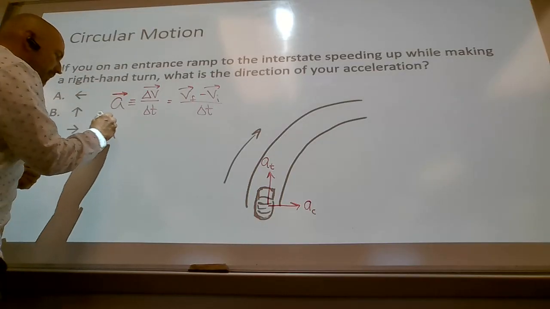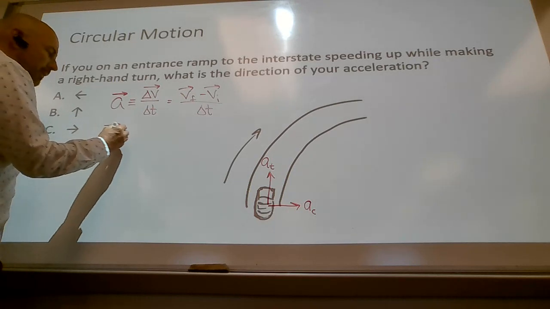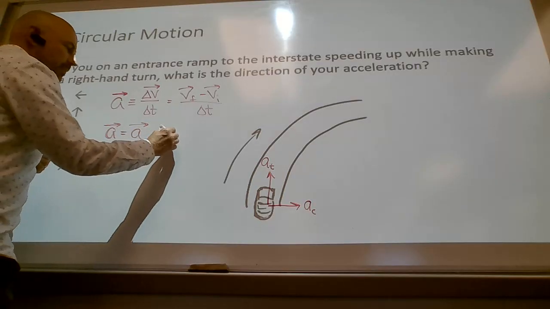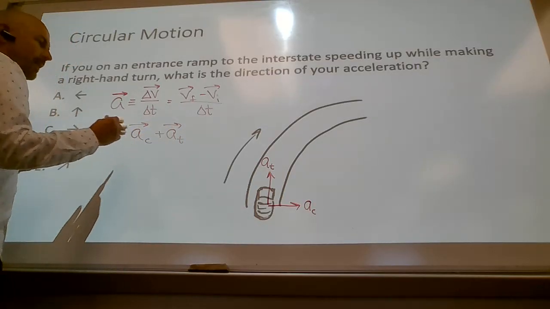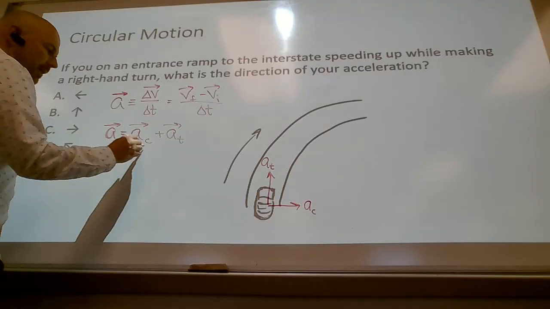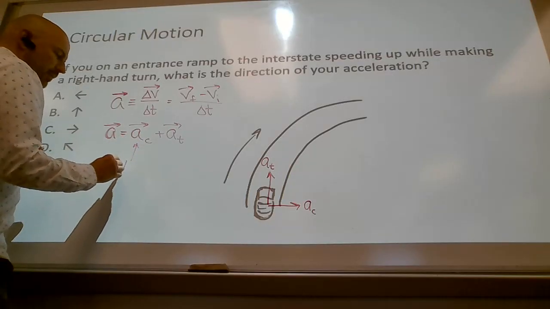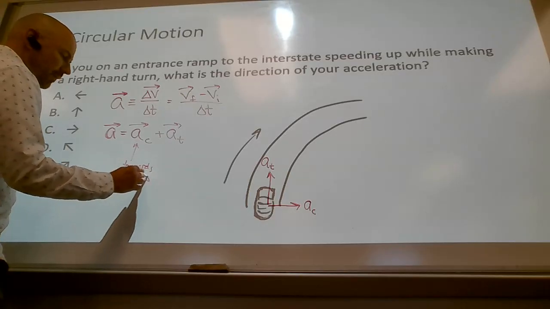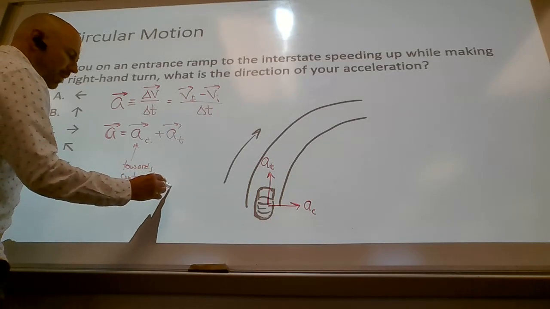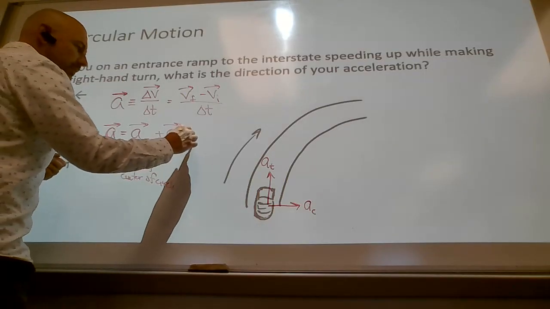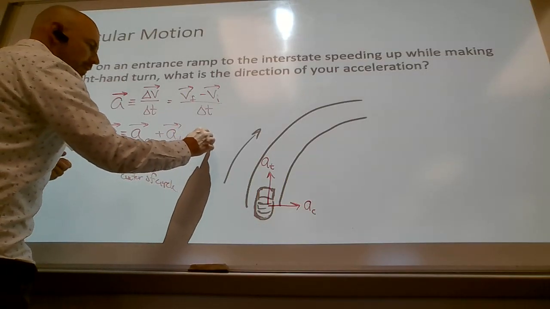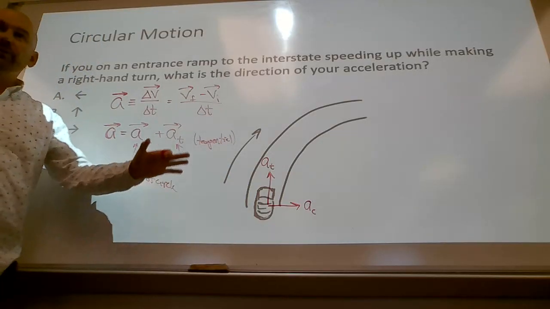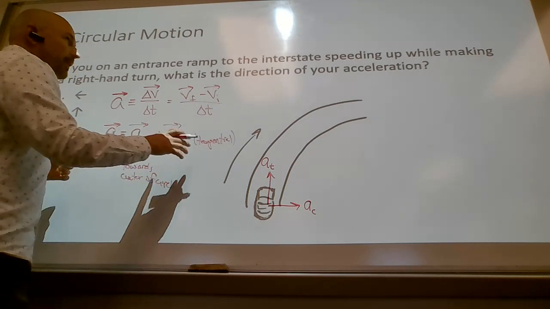So acceleration, the vector overall, is equal to the vector sum of centripetal acceleration plus tangential acceleration. So this is towards the center of the circle. And this is tangential, so tangent to the path, always going in the same direction.